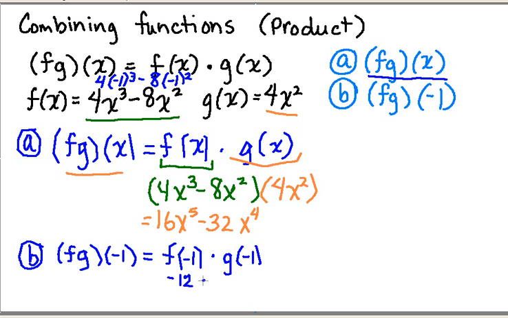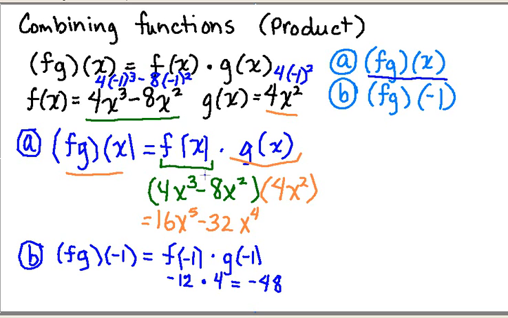And now I'm going to multiply that by g(-1). So I'm going to go to my g function, wherever there's an x, I'm going to plug in a minus 1. So I get 4 times (-1) squared. My (-1) squared has become a positive 1, so this just becomes 4. So I get minus 12 times 4, or that is equal to a minus 48.